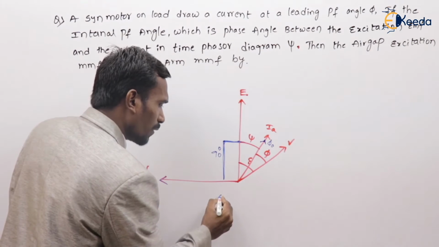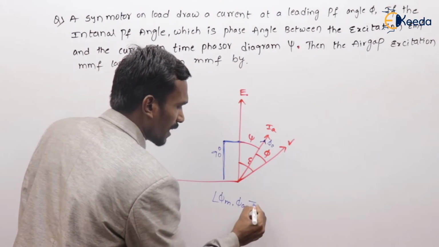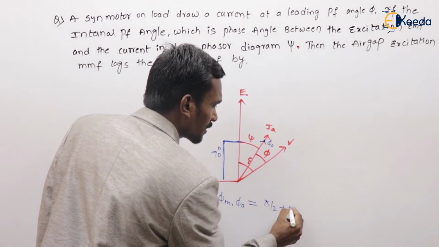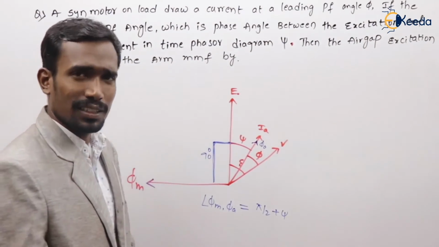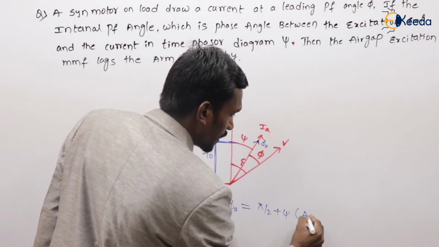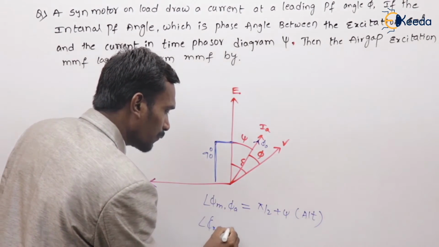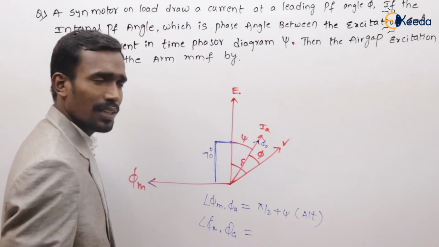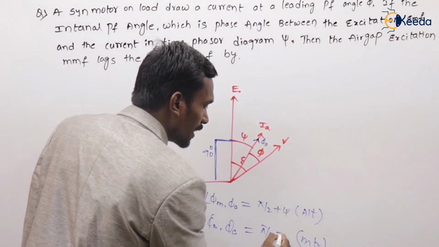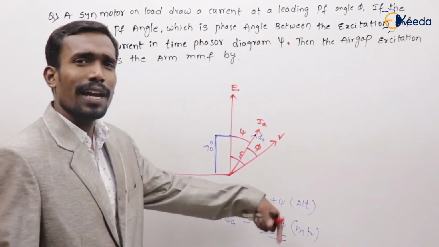So the angle between main field flux or excitation flux and armature flux is 90 plus psi for an alternator. As well as the angle between main field flux and armature flux for a motor, its value is 90 minus psi.